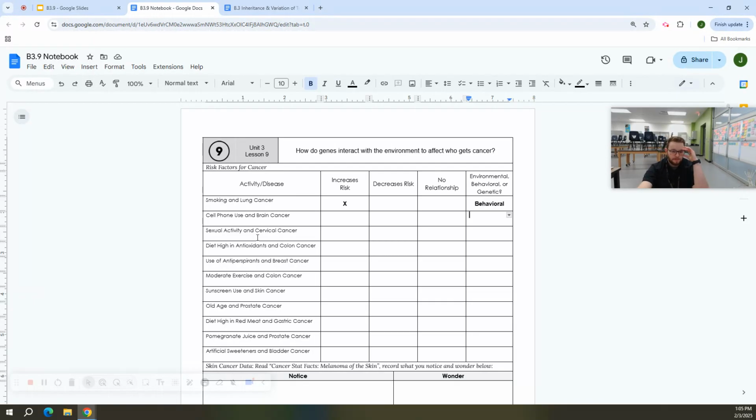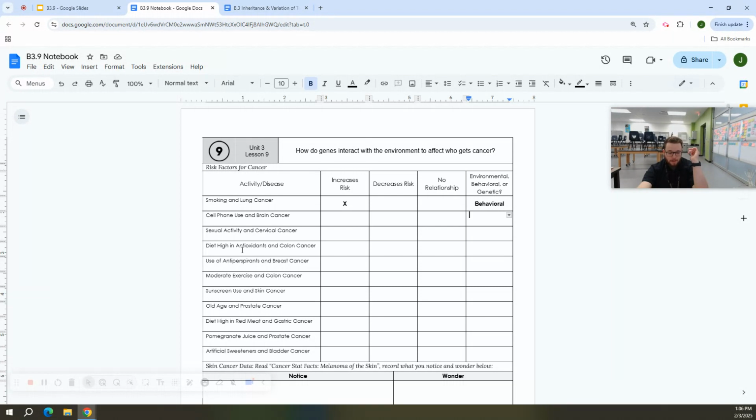We have sexual activity and cervical cancer, high antioxidants and colon cancer, antiperspirants and breast cancer, exercise and colon cancer, sunscreen use and skin cancer, old age and prostate cancer, red meat and gastric cancer, pomegranate juice and prostate cancer, artificial sweeteners and bladder cancer. Okay, just to clarify some terms on here for you guys. Cervical cancer is a female reproductive organ.